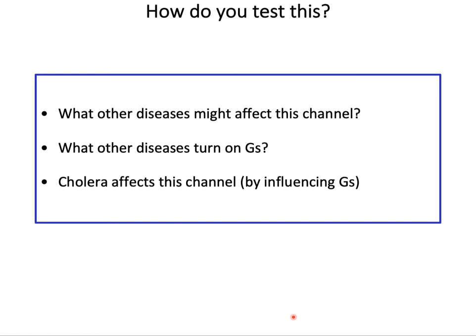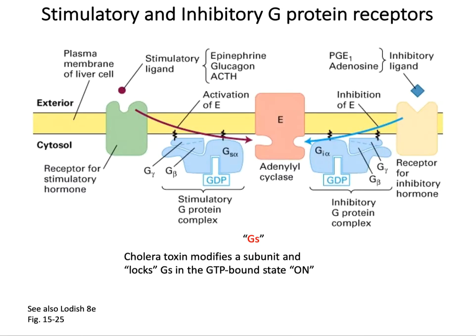So cholera toxin can affect stimulatory G proteins. Let me remind you that this is the slide from part 1 of the cell signaling talk, and you can see that the cholera toxin can covalently modify the alpha subunit of the stimulatory G protein, locking it in a GTP bound state, and it is perpetually on. It cannot be inactivated or deactivated.